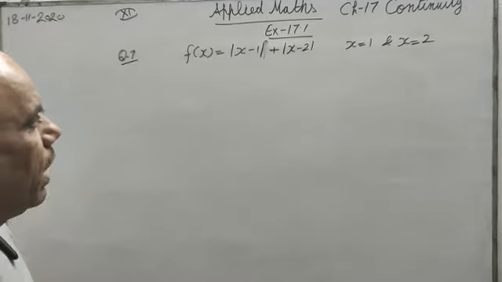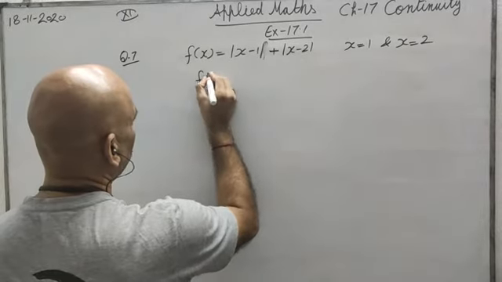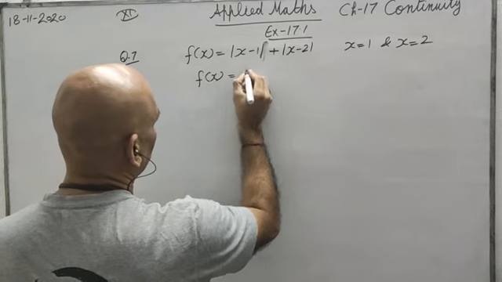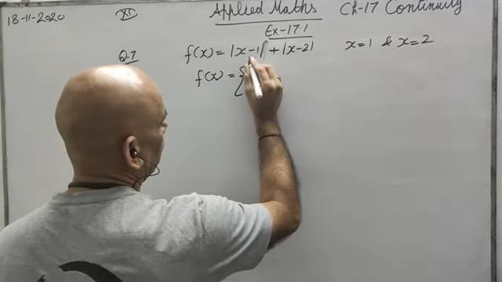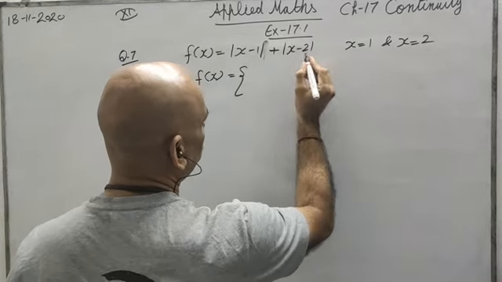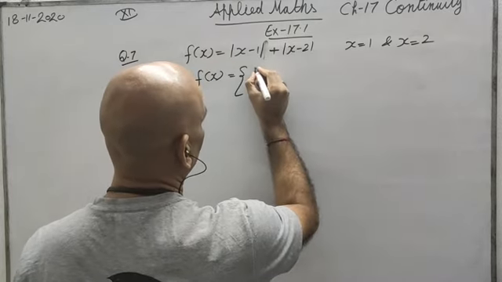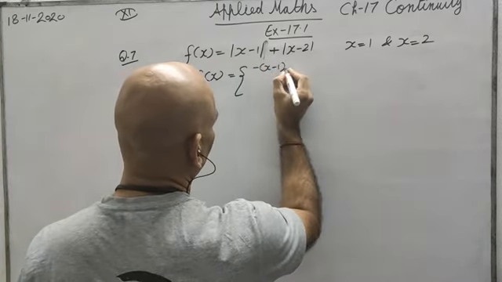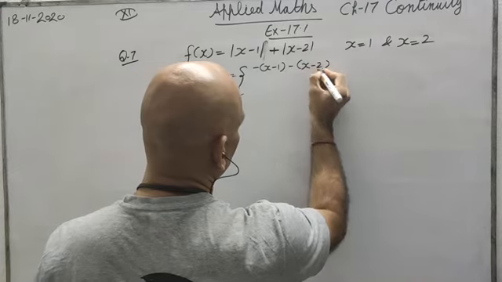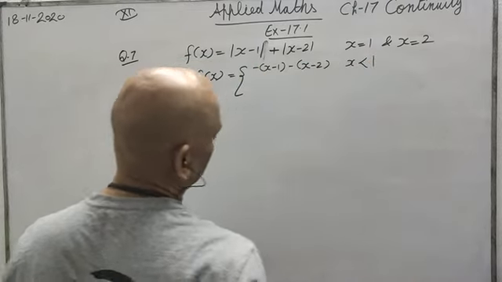So first of all, we will have to describe this function, we will have to write this function. x minus 1 and x minus 2 both will be negative when x is less than 1. So it is minus (x minus 1) minus (x minus 2) when x is less than 1.